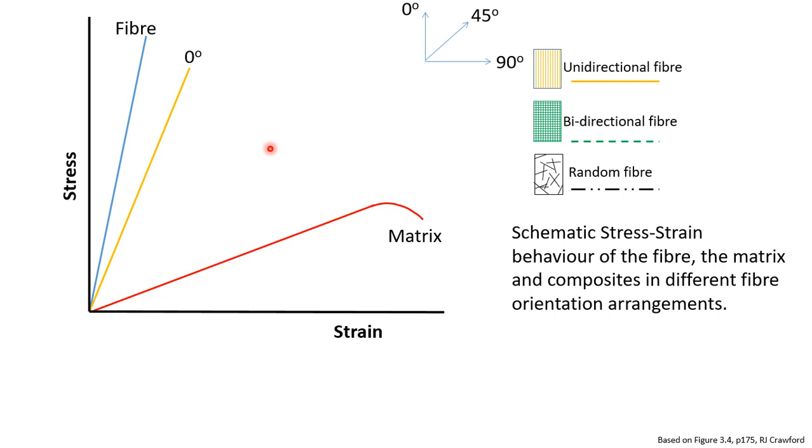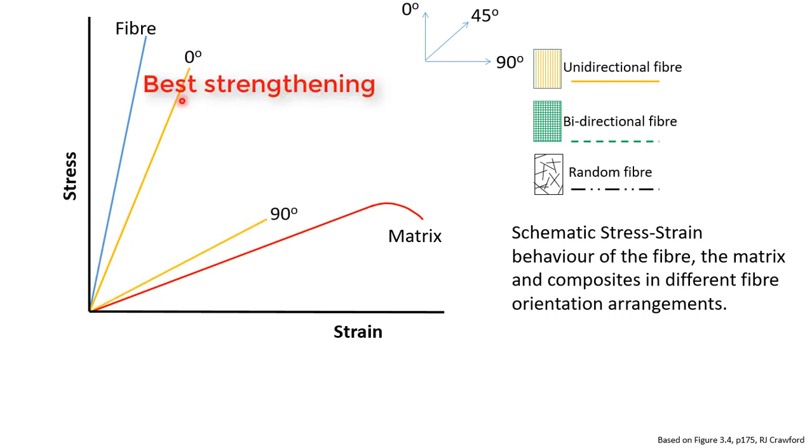If you are going for unidirectional fiber, then for 0 degree orientation, that means the fibers are oriented in the longitudinal direction and we are applying stress in the same longitudinal direction. So this we call it 0. Then in this case we will achieve a very high strength of this composite.